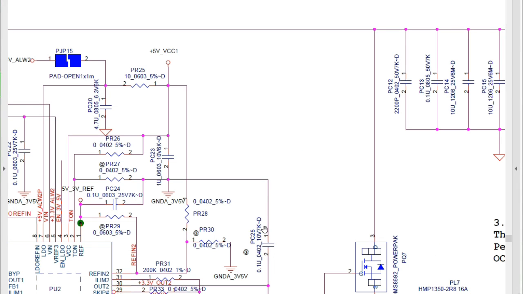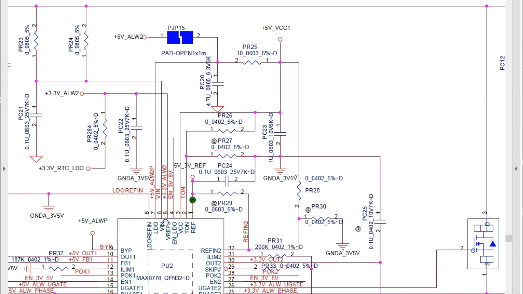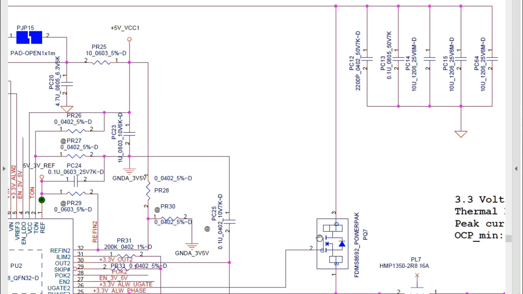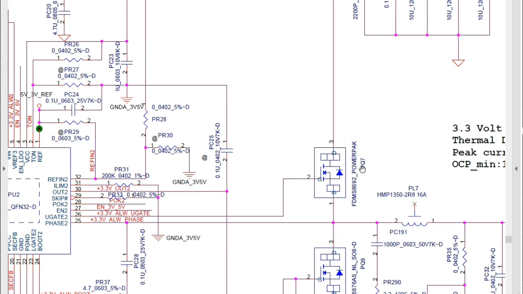Using the multimeter, you can measure and check whether this 19 volt is present or not. The first thing you have to do when you troubleshoot the 3.3 volts is to check if the 19 volt exists here and also in the drain of this MOSFET, the PQ7.